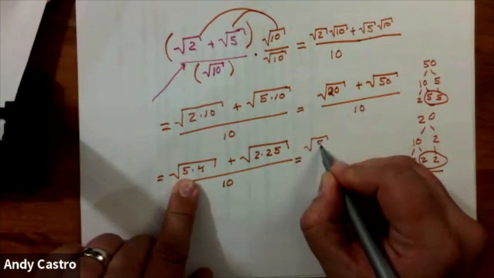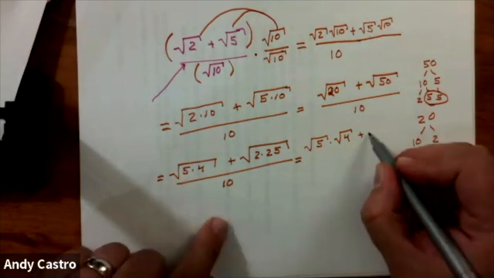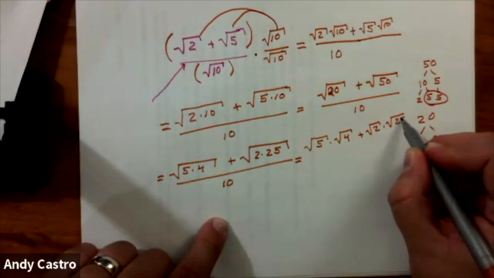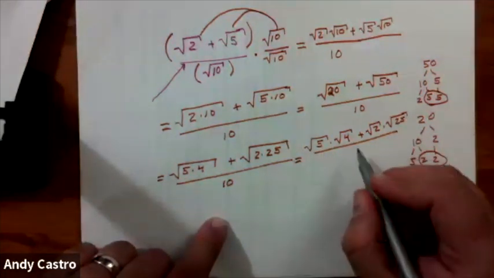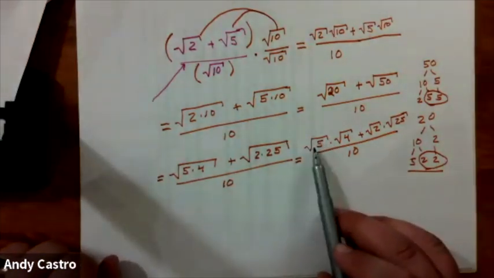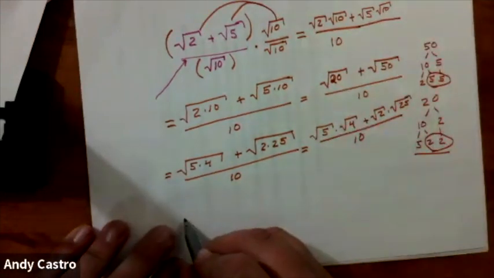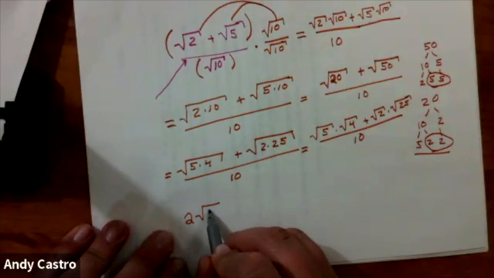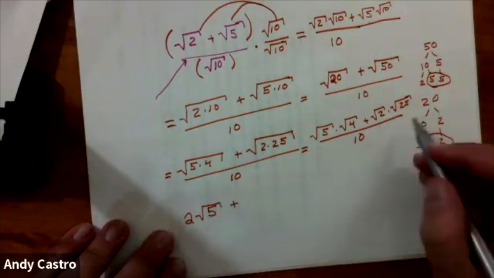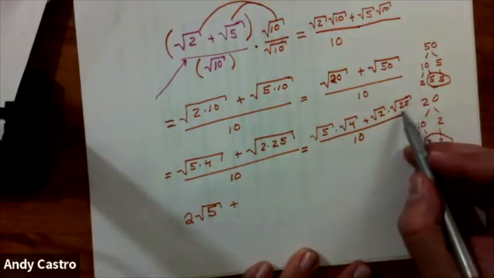Now I can split the radical over those two that are being multiplied. Square root of 5 times the square root of 4 plus square root of 2 times the square root of 25, all over 10. The square root of 5 is an irrational number. It's a prime square root, so that just stays there, but the square root of 4 becomes 2. So 2 times the square root of 5, plus square root of 2, same thing, just remains square root of 2, and then square root of 25 just becomes 5.